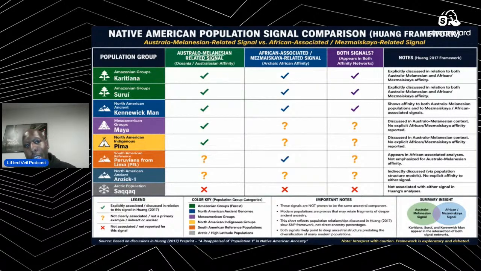And then they also show in this study the Kennewick man, or at least the Mesmachia related signal, which is basically Kennewick man, at least the archaic African portion of his genome, right? Kennewick man shows Australo-Melanesian related signals as well as African associated Mesmachia related signals. He carried both as well. Very interesting.